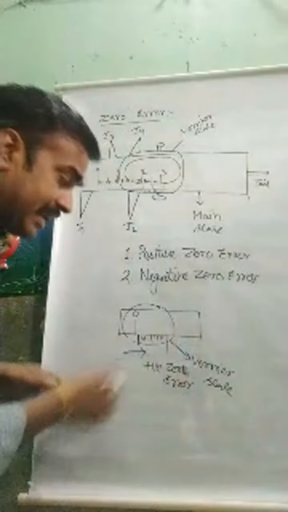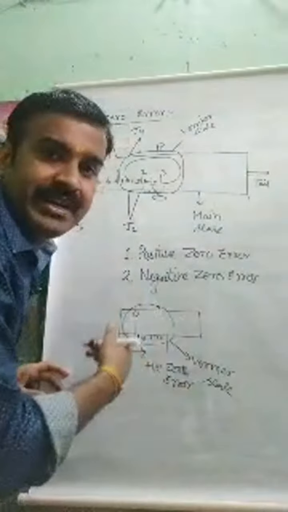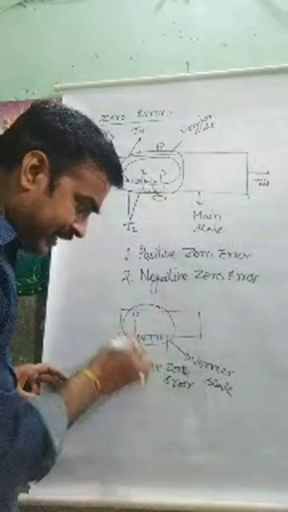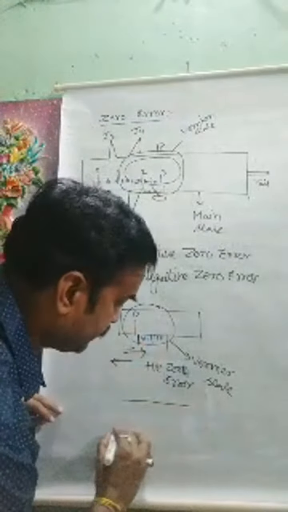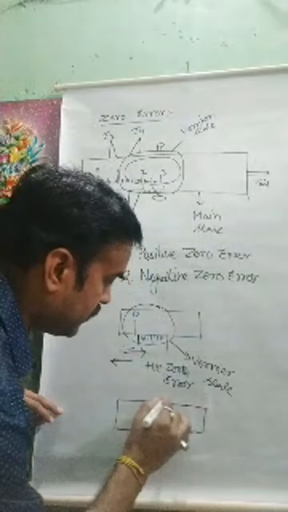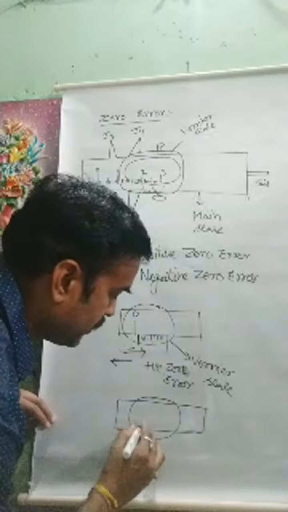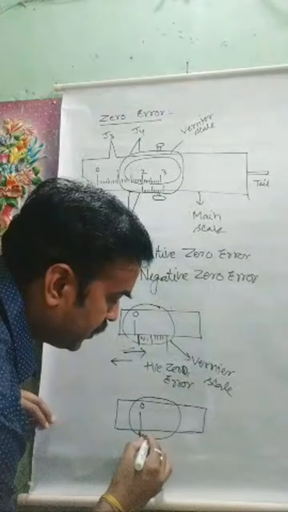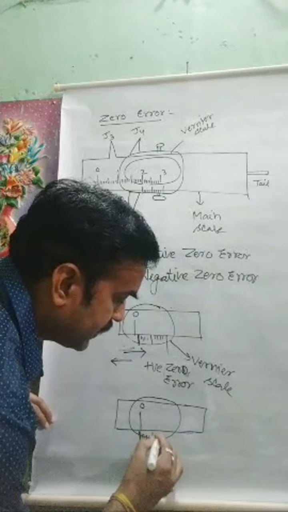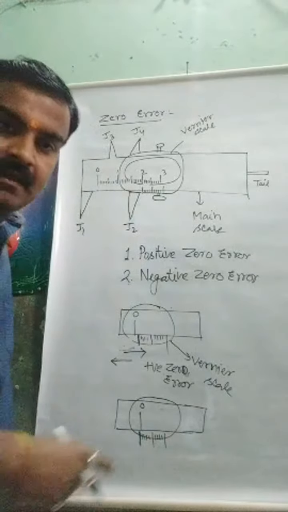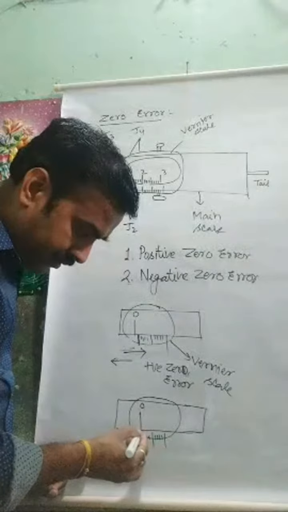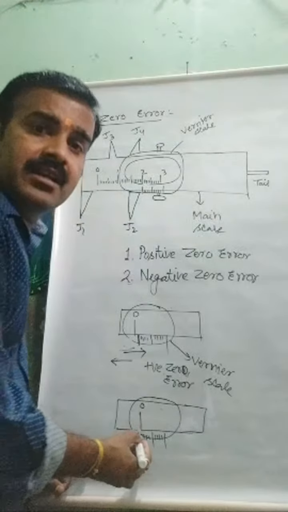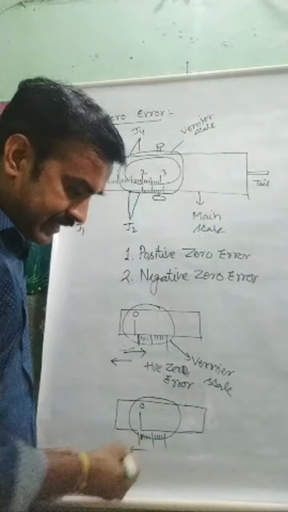Now see, in the opposite manner, if this one is shifting this side, suppose here I am going to give the example. Here 0 and here the first division, 1 2 3 4 5 6 7 8 9 10, like that. See, the very first division of the Vernier is shifted this side, left hand side.